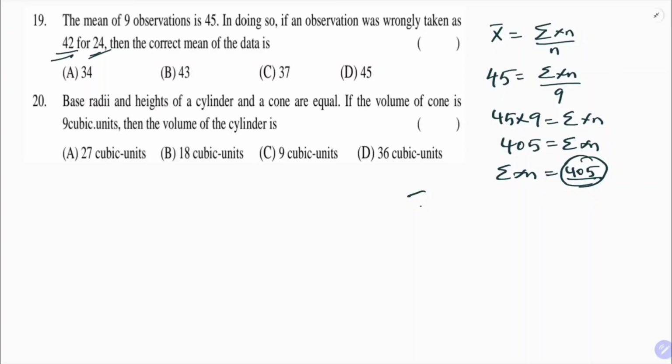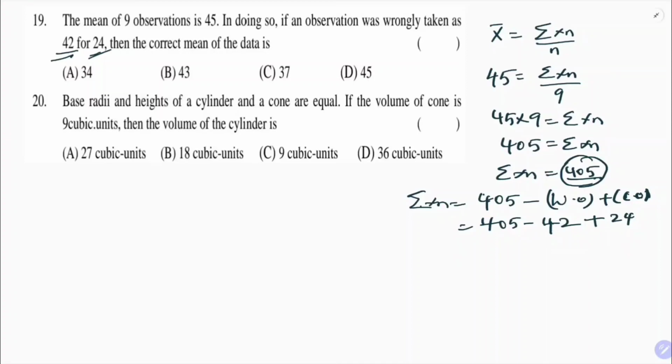From 405 we take out 42, since they took 42 as a wrong observation for 24. 24 was correct, so I should add 24 and take out 42.